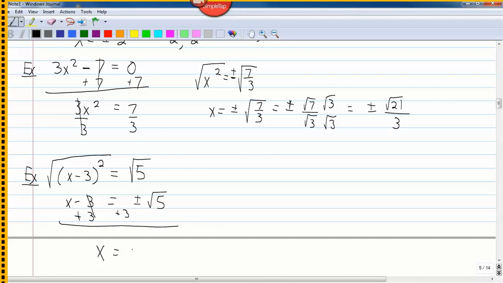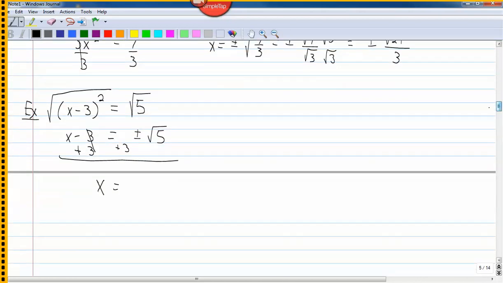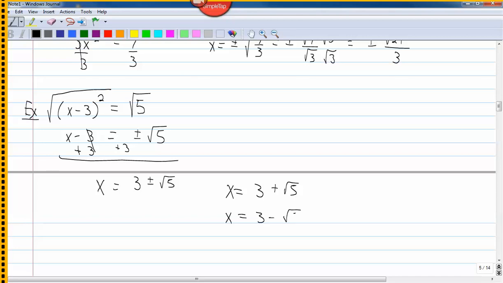So now I have x equals positive 3 plus or minus the square root of 5. That's actually 2 answers. I've just written it as 1, but that's actually x equals 3 plus the square root of 5 and x equals 3 minus the square root of 5. That's 2 different numbers, 2 different answers.